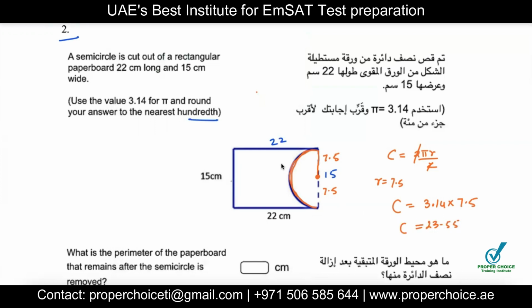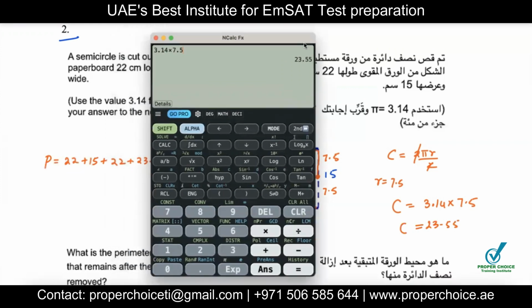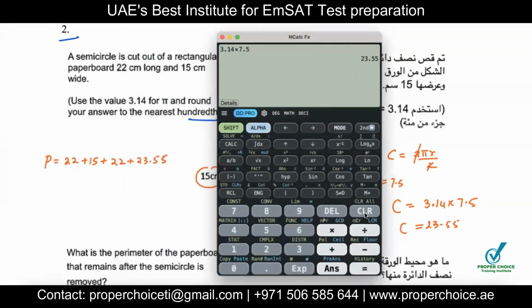Now that one should be added with 22 plus 15 plus 22. So the perimeter after cutting out that portion is P is equal to 22 plus 15 plus 22 plus 23.55. So add up all these values and you'll get the perimeter of the shape left out. So 23.55 plus 22 plus 15 plus 22.